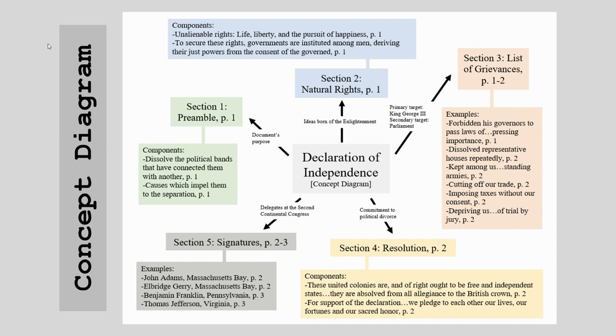Now, I'm not saying that the concept diagram you create for each of the chapters you read needs to use rectangles and these specific colors and needs to be in this clockwise arrangement. It doesn't have to be like that. I'm going to give you creative control, so please, by all means, create a concept diagram that makes sense to you. But please understand that I have to be able to grasp what content you've extracted to include here.